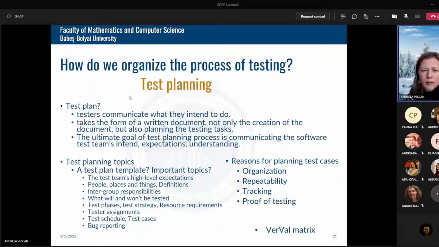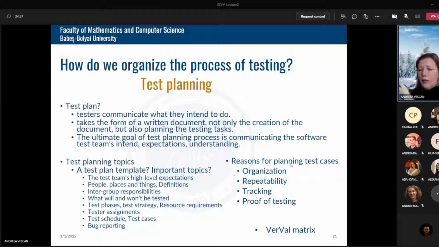And in this regard, the tester needs to communicate what they need to do with the developers, with the project manager, right? You need to communicate the phases of the testing, what techniques, where in the points, and so on. You need to have a test plan, right? Some schedules, some bug reporting, and so on.